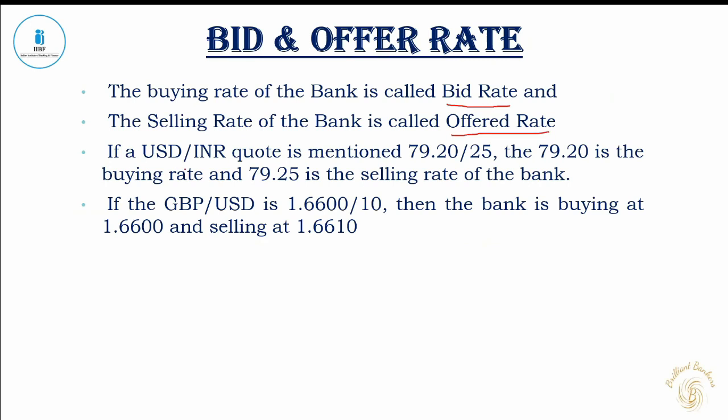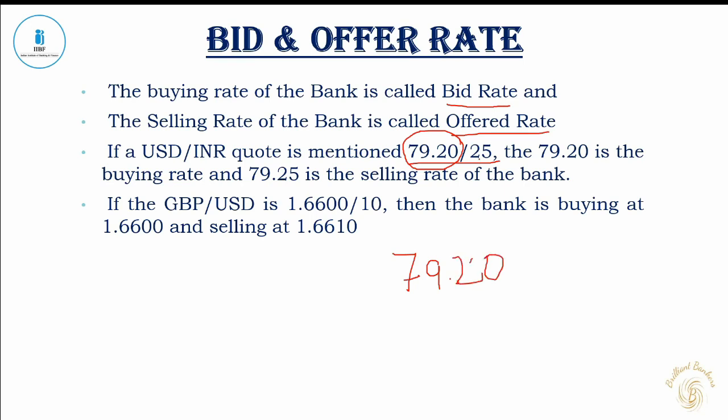If a US dollar to INR conversion is mentioned as 79 rupees 20 paise oblique 25, in this case, 79.20 is the rate at which the bank is ready to buy the currency from an individual or from anyone. So what is this 25?